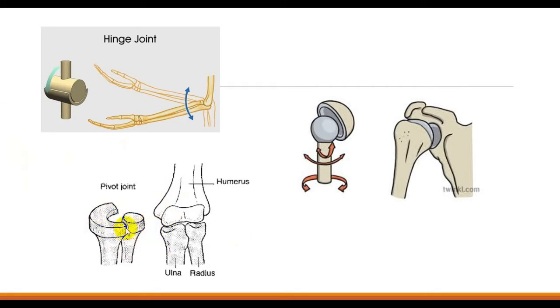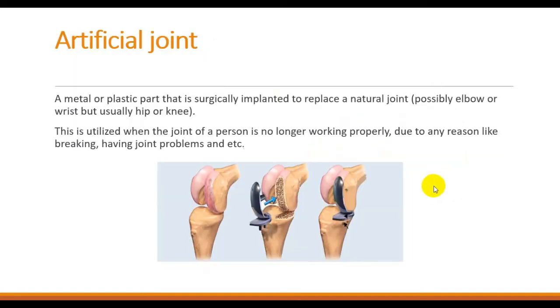And the ball and socket joint is like this: one bone has a ball-like structure and the other has a socket-like structure. They fit into each other and make a ball and socket joint, which is freely movable in each direction. We can bend it, twist it, move it forward and backward.